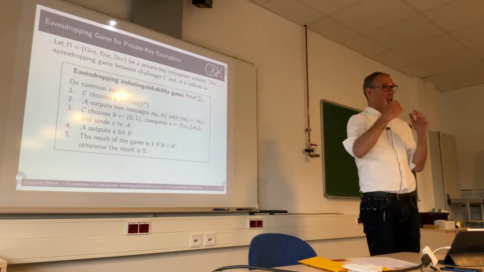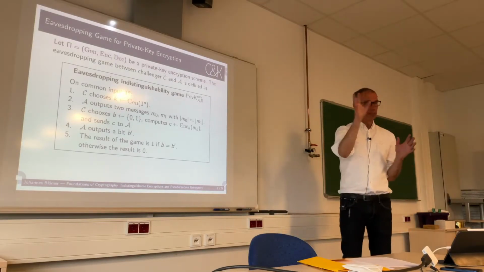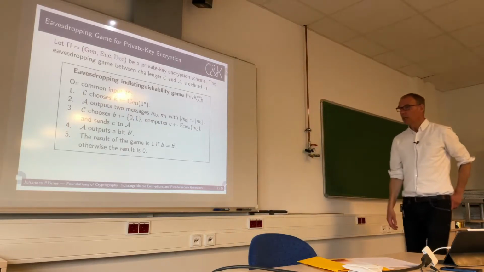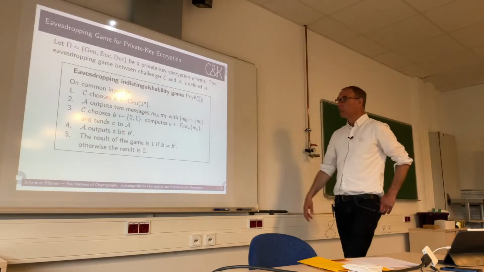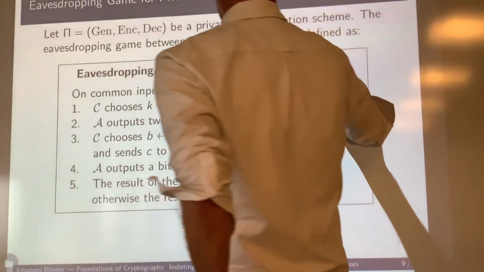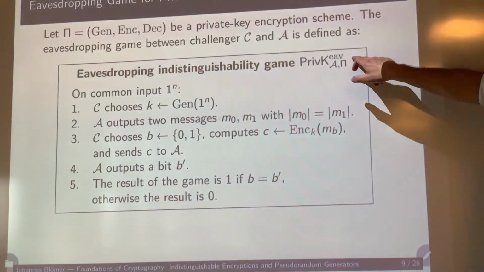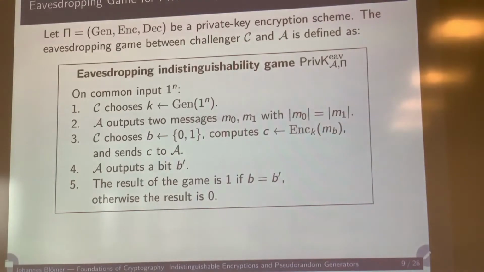It's refined because we have this polynomial time requirement, and we'll also see that the requirement for the advantage is a little bit different. So the eavesdropping indistinguishability game, usually I would input here an n. Sorry, I forgot that here should be an n actually. It's again as before between the challenger and the adversary.